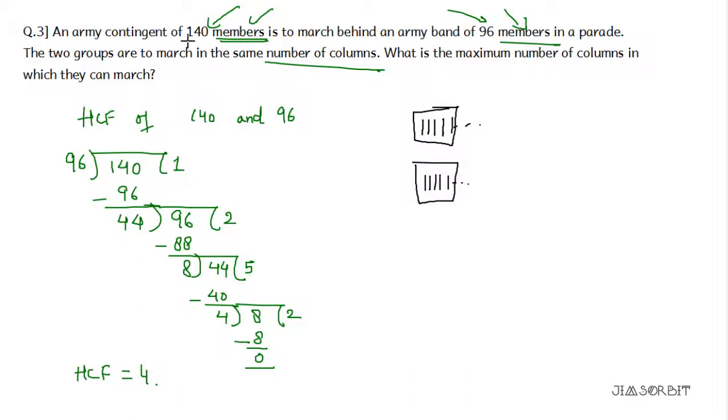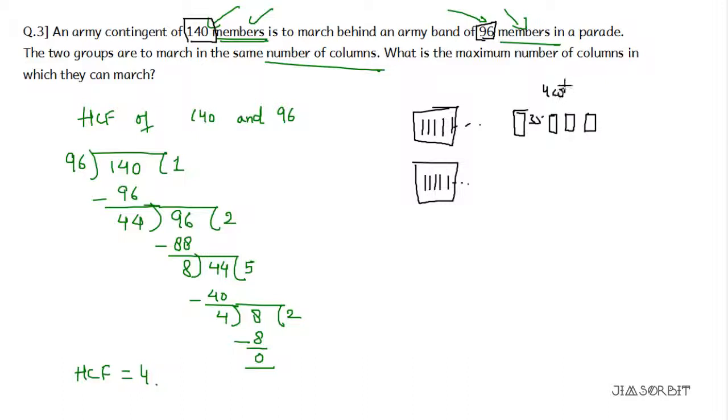It implies that 4 can divide this completely and it can also divide this completely. If it can divide both of them completely, then we will have 35. 4 3s are 12, 4 5s are 20. So 35 people in each of these columns.